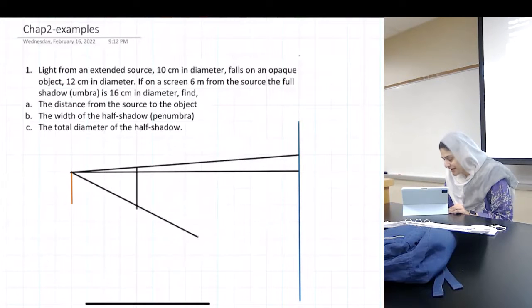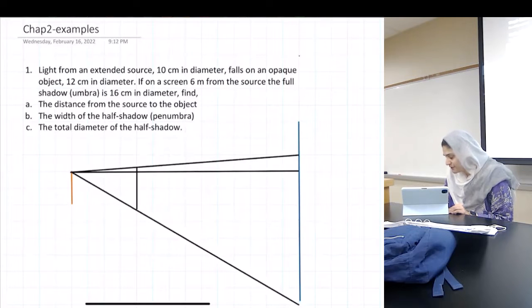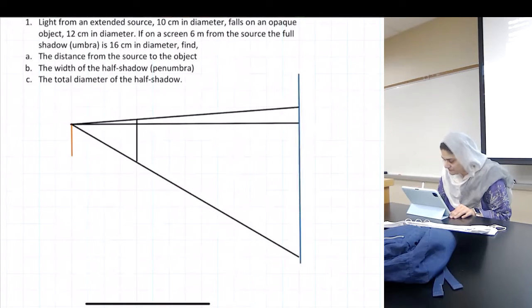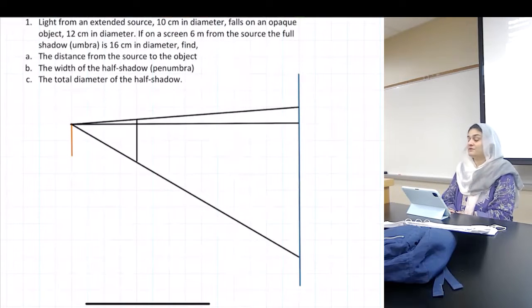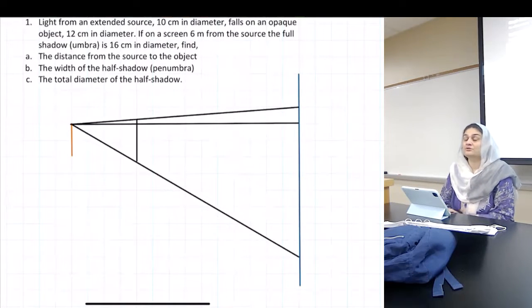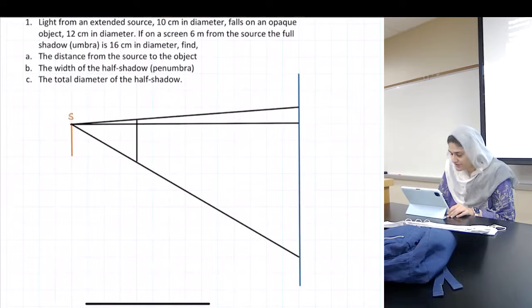It hits this side and it goes to the screen, give or take. These are the 3 rays I want you to draw from the top of the source. This is my object and this is my screen.